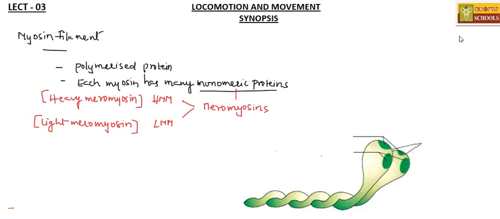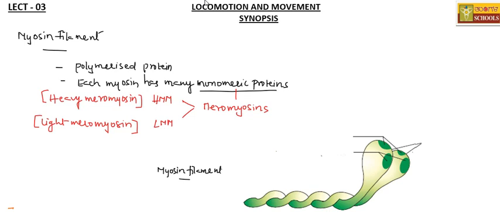So this is the myosin filament, and it consists of two polypeptide chains. You can see here two polypeptide chains wrapped around each other.